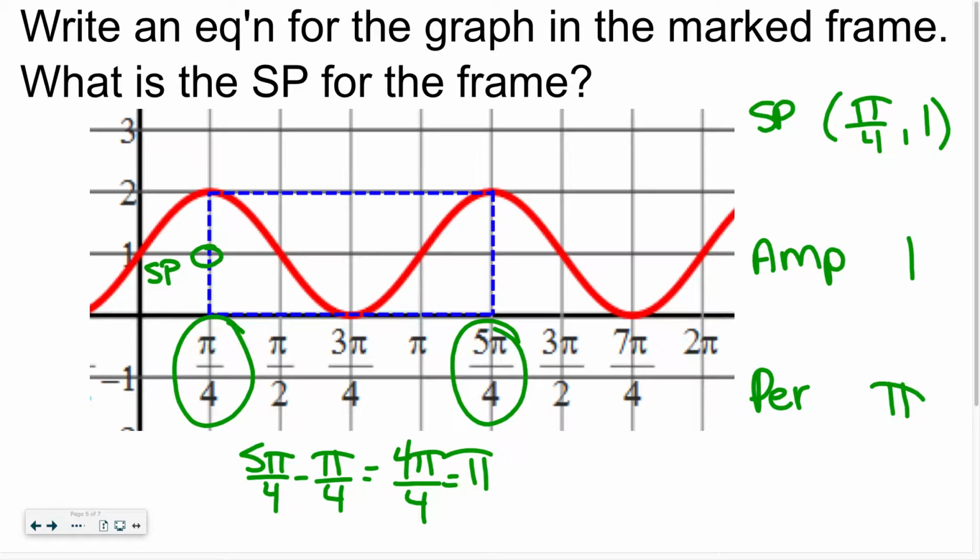So we have B as well. Yeah. D. The y coordinate is not the starting point. So the period is pi. Yeah. Which means B is 2. And then we want to find C over B, finding the C. C over B is what? Pi over 4, right?